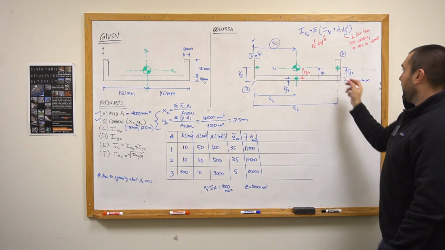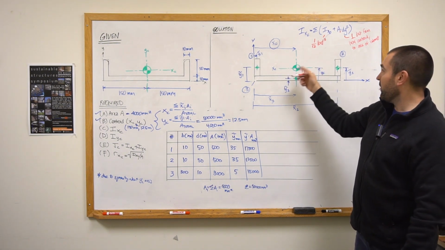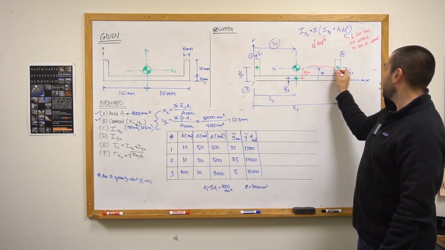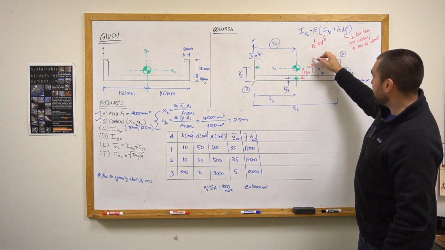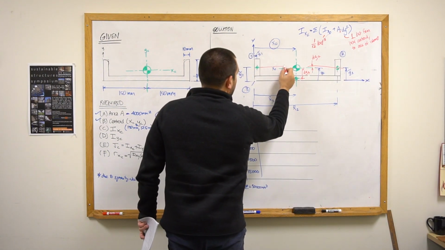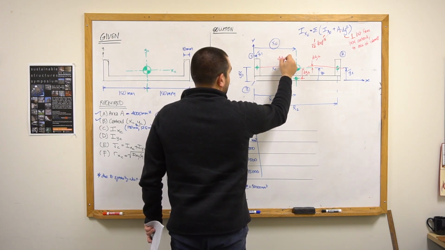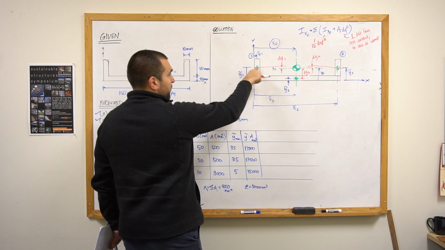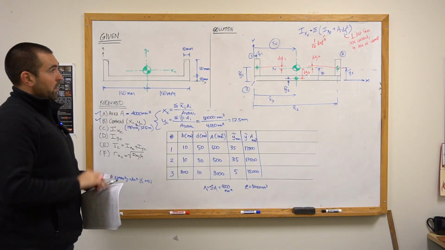And I drew these centroids as kind of in line with the overall centroid, but they're not. I'm going to take a little bit of artistic liberty here. This distance right here will be dy sub 2. And then same thing over here. There is some perpendicular distance between the centroid of shape 1 and the x sub c axis.